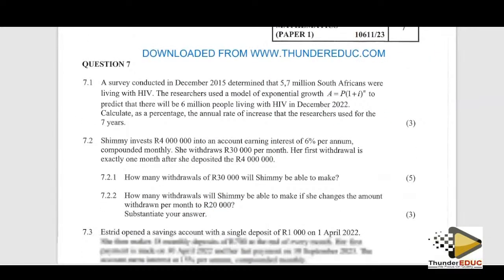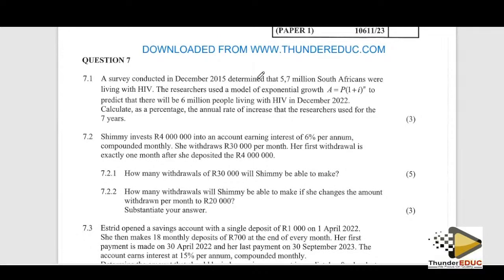Finance. It's telling us in December 2015, we determined that 5.7 million people were living with HIV, using compound growth or exponential growth, and that there will be 6 million people living with the disease in 2022. Calculate the percentage, so they want us to get the r.